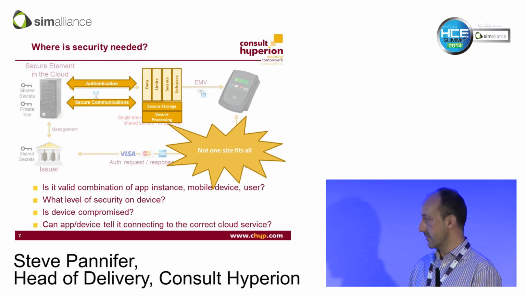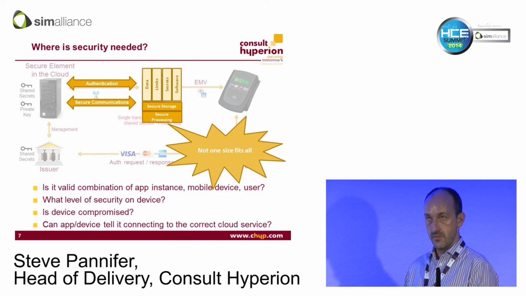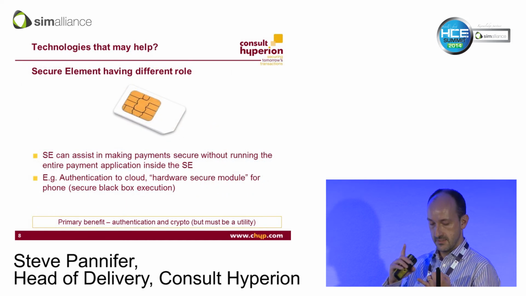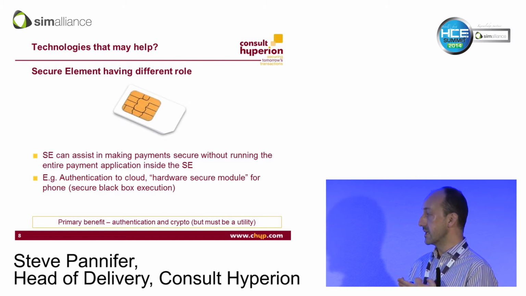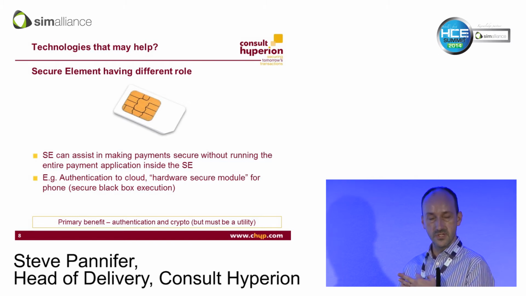And a comment to make here is that there's not one size fits all. I'm just going to put up some of the technologies that may help with solving some of these problems. The point about these technologies is, 1, a lot of them are not mature. 2, a lot of them are not available on every single handset. And so what that means is that 3, it's not one size fits all.